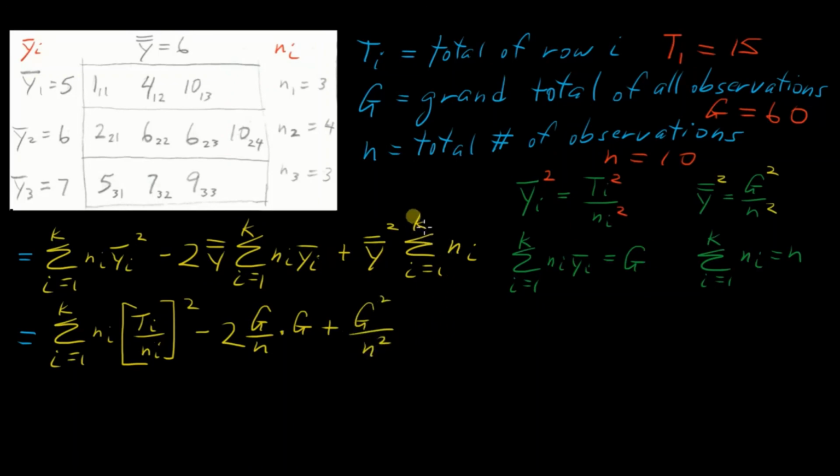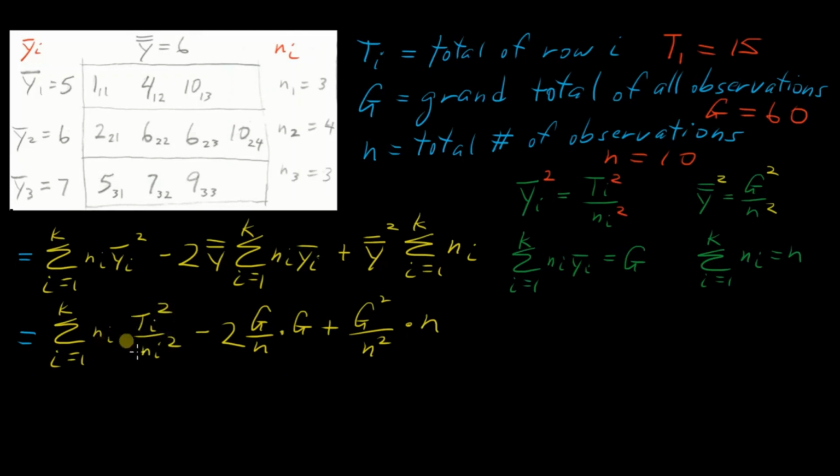And then this thing here is just this thing, and that's just another N. And then actually this thing here, instead of putting the parentheses on there, I should have just put a square on the top and the bottom.